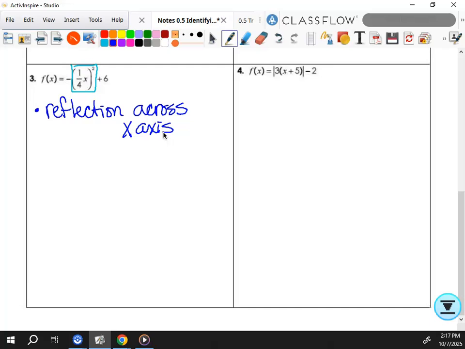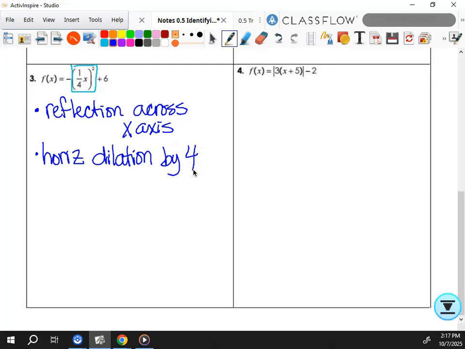Okay. Then I get to the 1/4. Does that affect x or y? Is it inside the box or outside the box? Inside. So it affects x, which makes it a horizontal what? Dilation. Good, because I'm multiplying. A horizontal dilation by, think about it, x is a liar, 4.